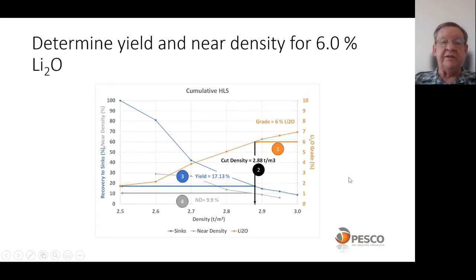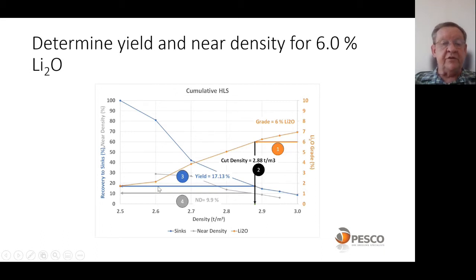How do we determine yield and near density for a 6% lithium product? We use our cumulative HLS curve. We start with our 6% lithium and go horizontally until it intersects the cumulative lithium grade curve. We then go down to the density axis, and we see that's at a cut density of 2.88. We then look at where that density intersects, firstly, the yield or recovery curve.